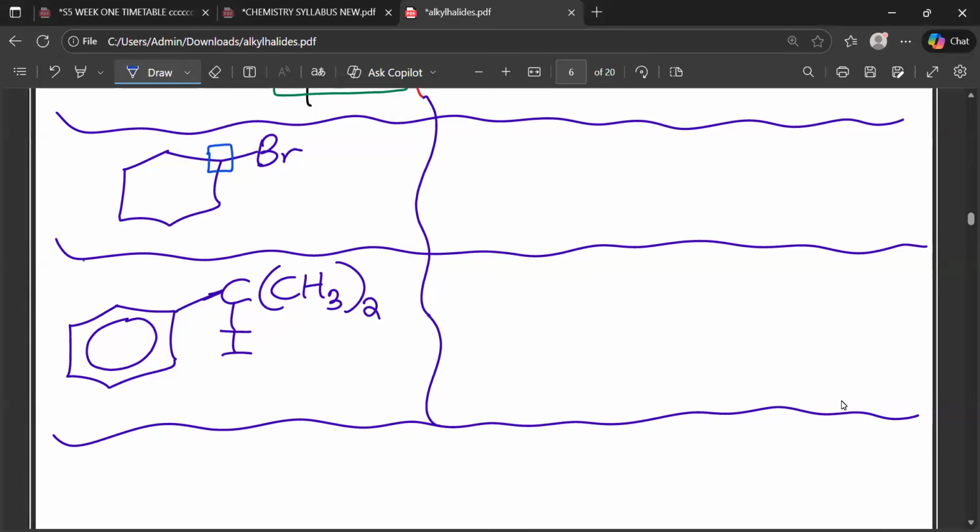Every corner is a carbon atom. So what is special in that compound is the carbon 2. I see people putting hyphens. It's okay. Carbon to bromine bond. Very correct.